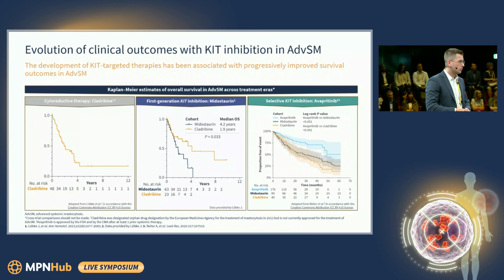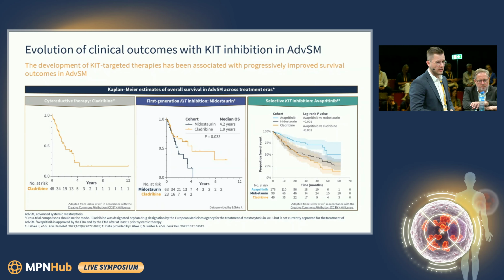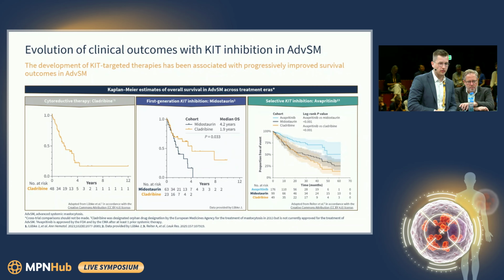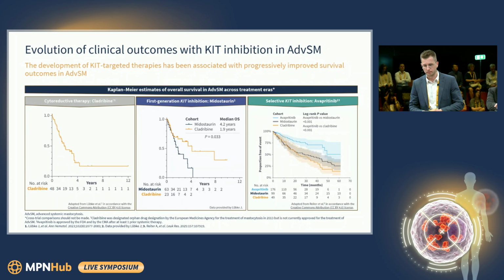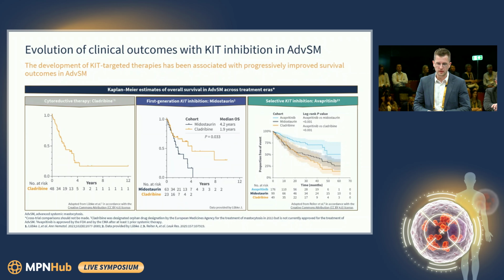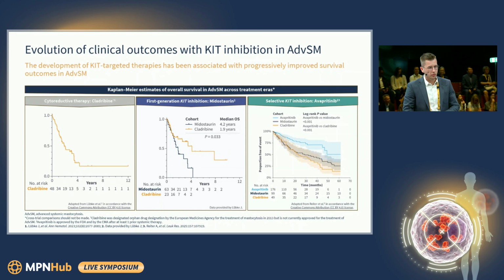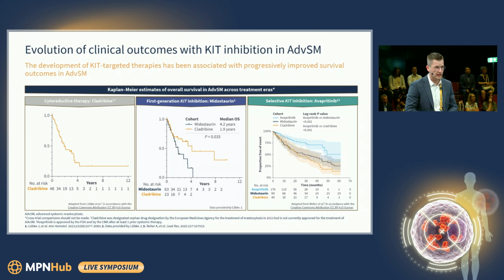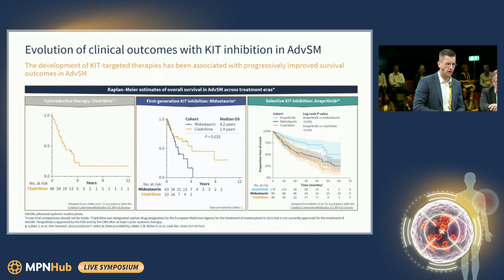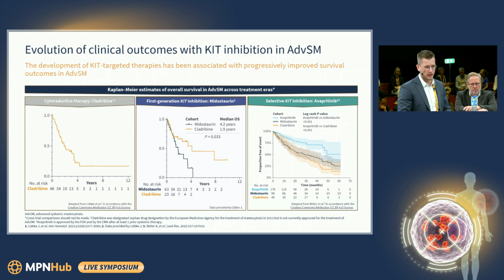Another important point when we talk about risk stratification is that we now have a completely different therapeutic landscape than a few years ago. Cladribine is a purine analog that has been used for over 2 decades. However, it is not formally approved by FDA or EMA.